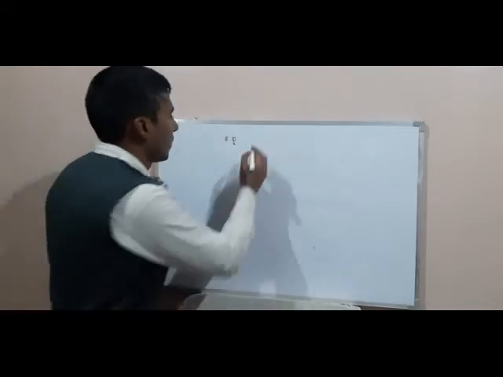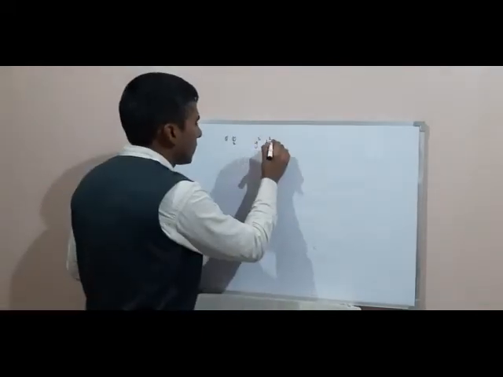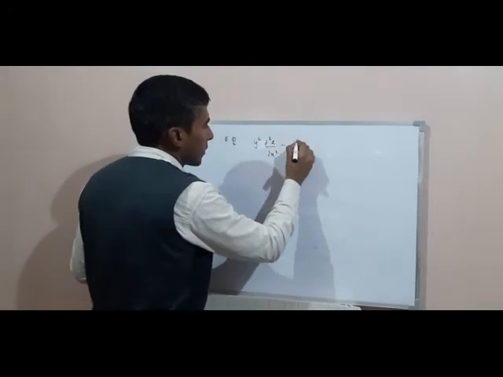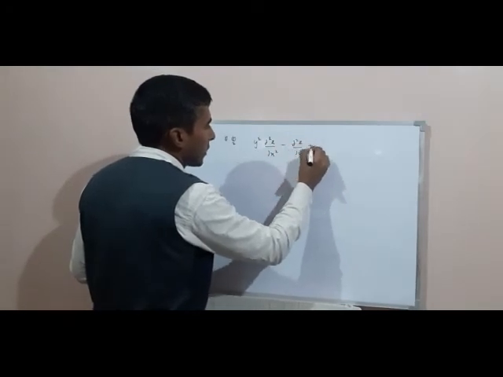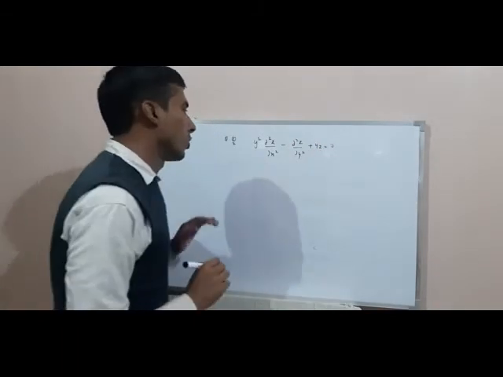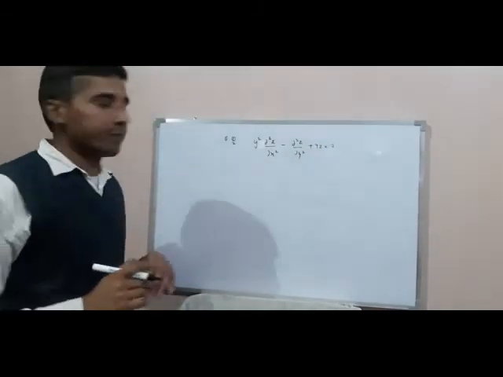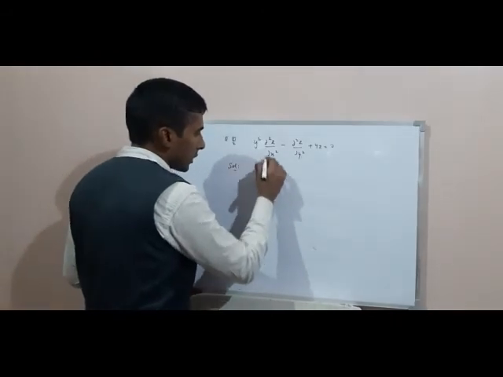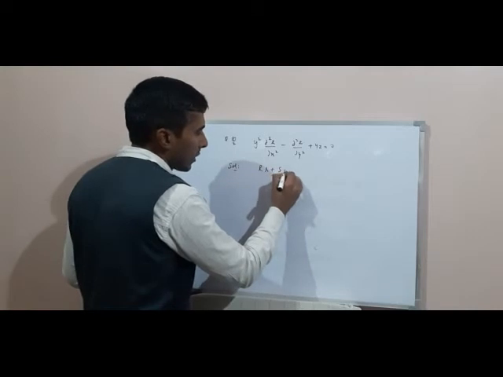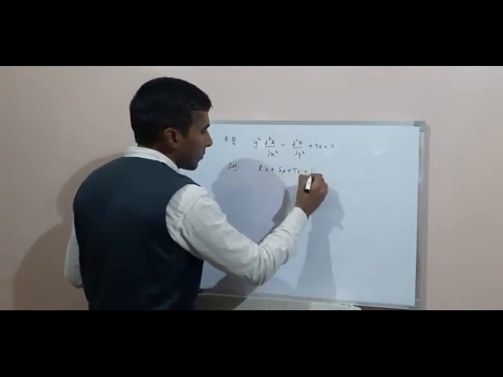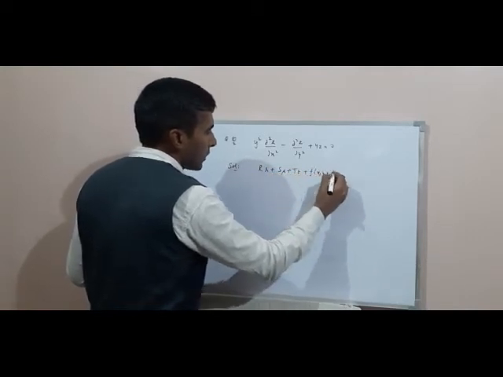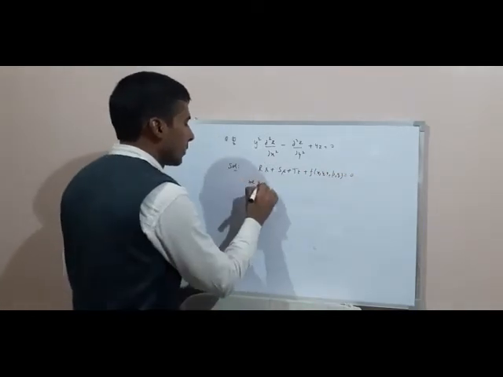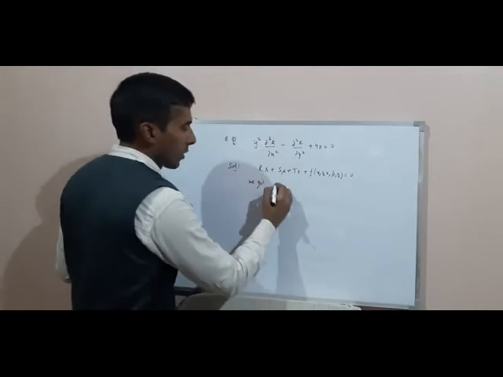y² ∂²z/∂x² − ∂²z/∂y² + 4z = 0. Now we try to classify this equation. Again compare this equation with Rr + Ss + Tt + f(x,y,z,p,q) = 0.